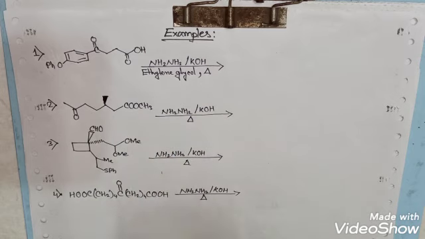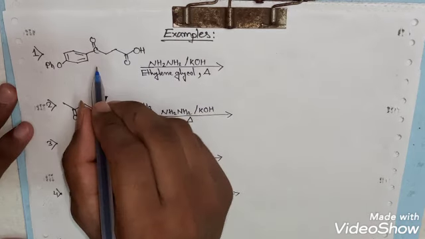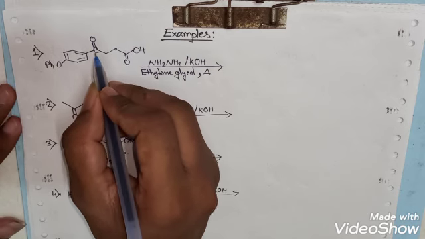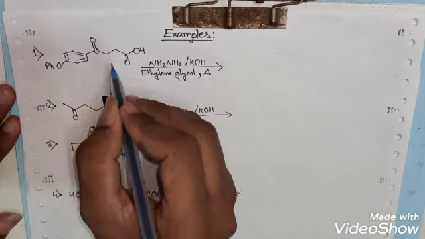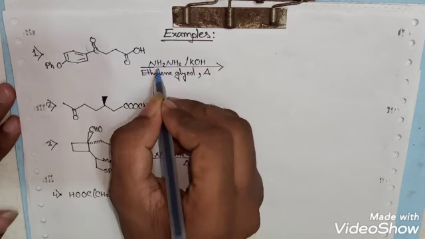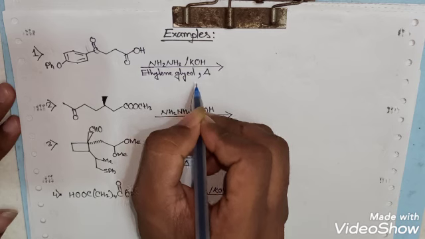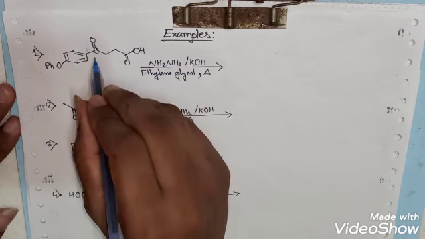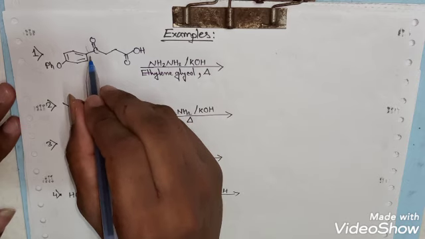So first let's solve this question. Here you can see easily that there is a carbonyl group and this is a ketone molecule. This is the ketonic part, and with the help of hydrazine, potassium hydroxide, ethylene glycol and heat, we can easily reduce the molecule.